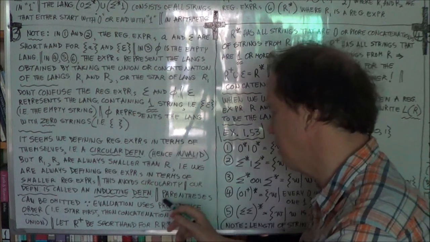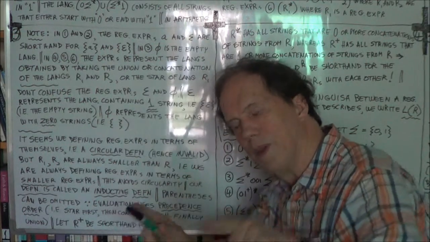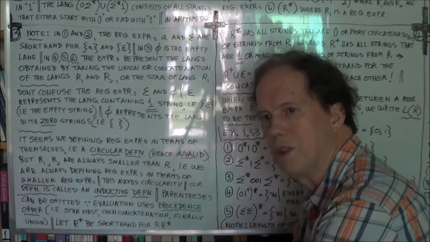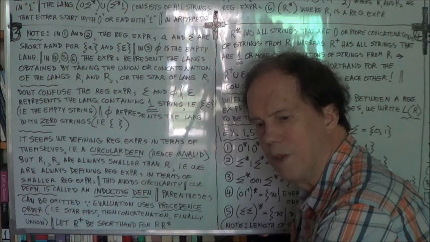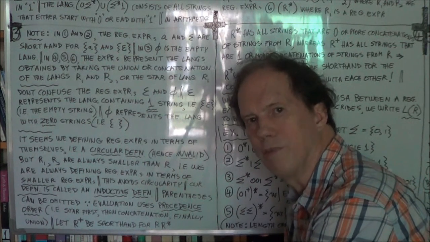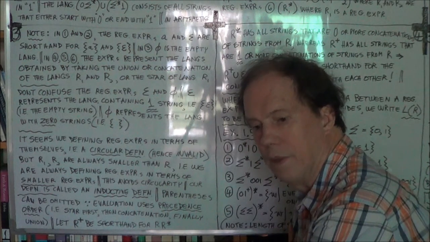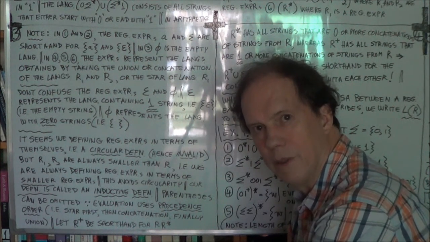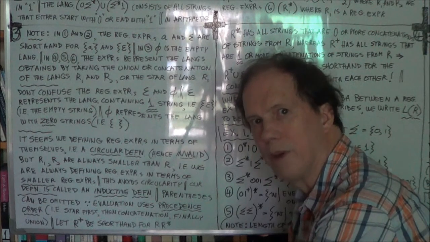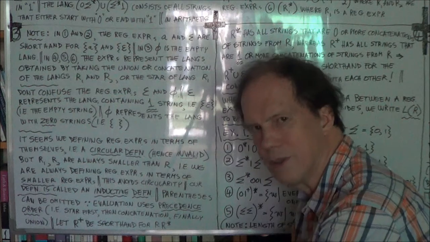You can, if you want, use parentheses like this in your regular expression, but you don't have to, because if you don't, then you can always use the rules of precedence. Remember, the star is applied first. The star operator, you process that first.